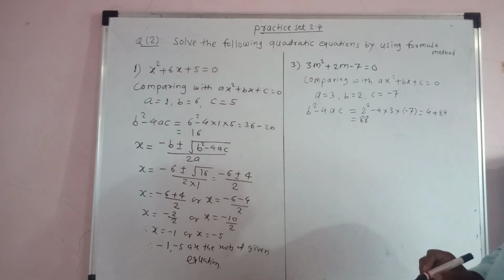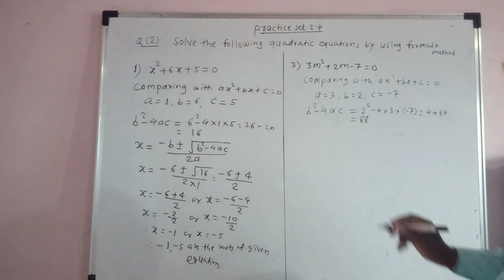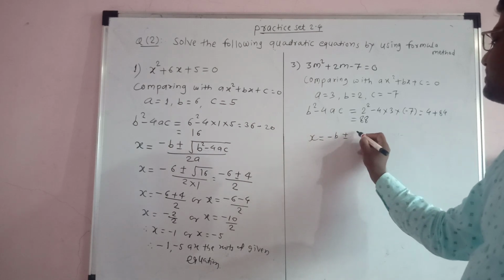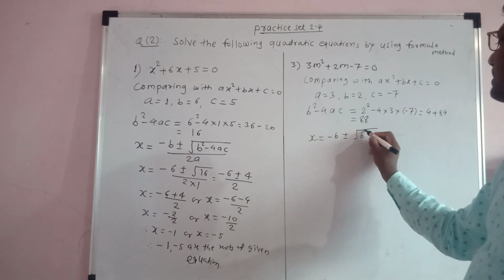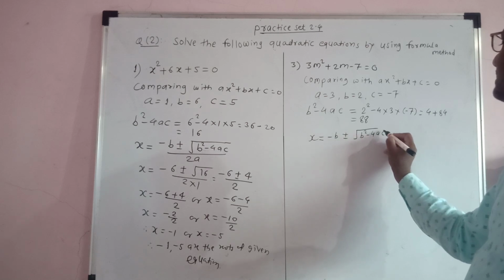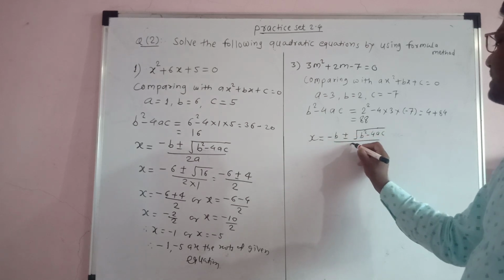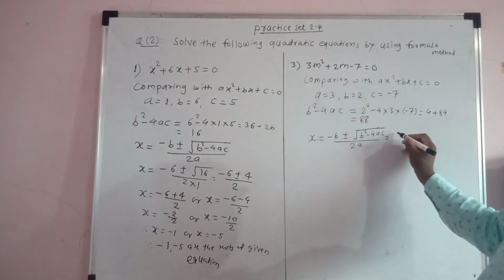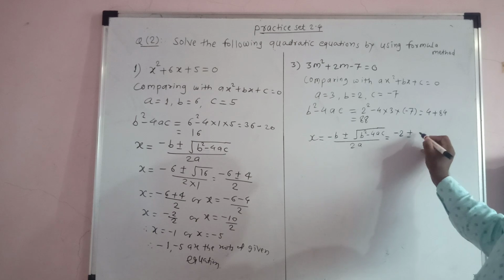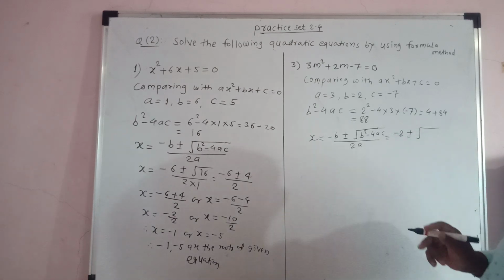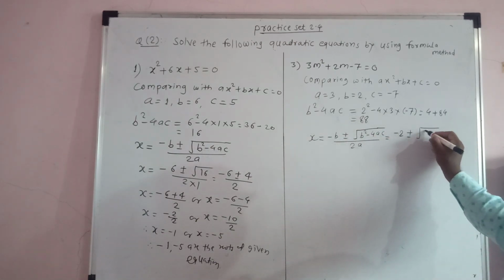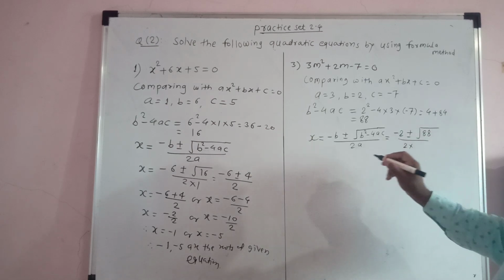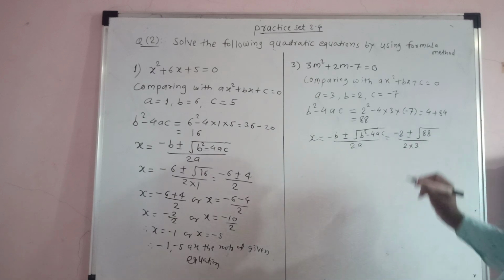Now formula to find the solution is x is equal to minus b plus minus in square root b square minus 4ac upon 2a is equal to value of b is 2, therefore minus 2 plus minus square root of b square minus 4ac is 88, upon 2 into value of a is 3, 2 into 3.